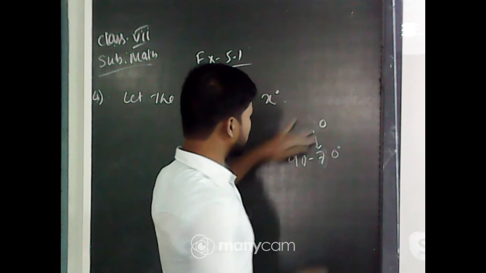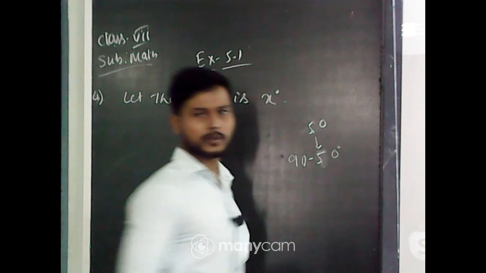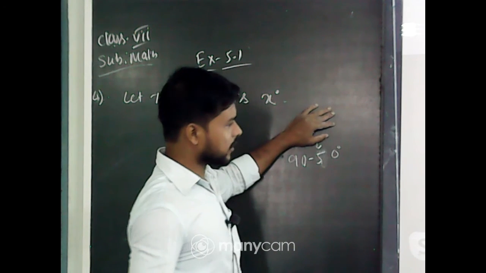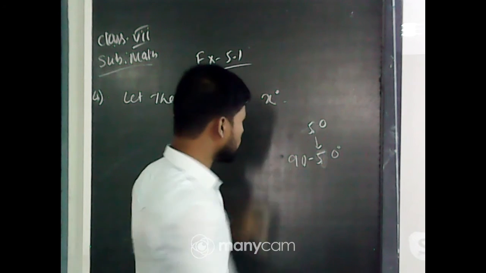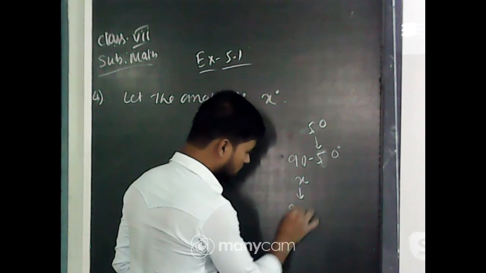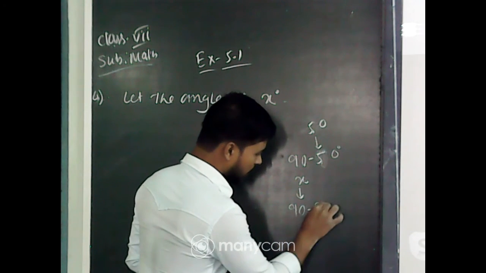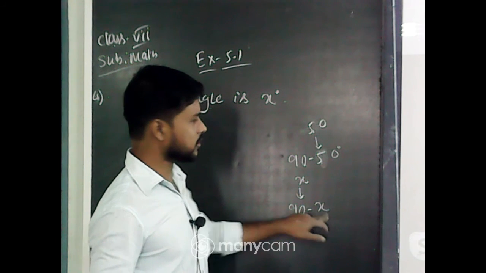If it is 50 degree, its complementary angle will be 90 minus 50 degree. Whatever the angle, its complementary angle will be 90 minus that angle. So if the angle is x, what will be its complementary angle? 90 minus x.